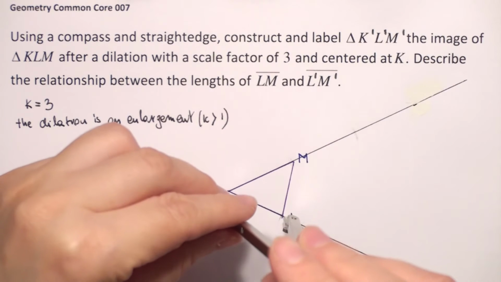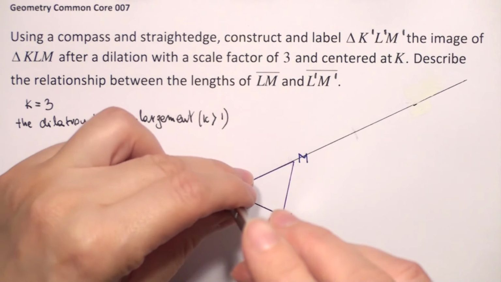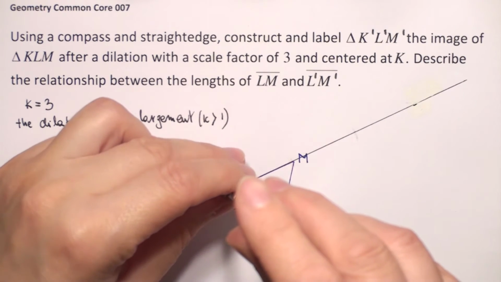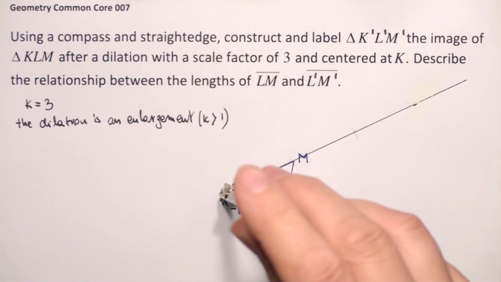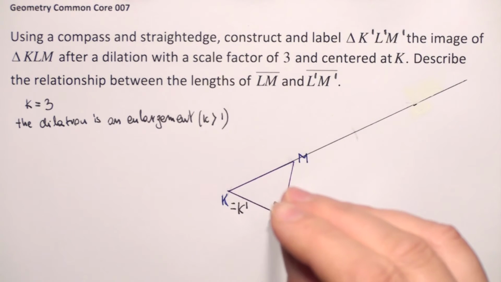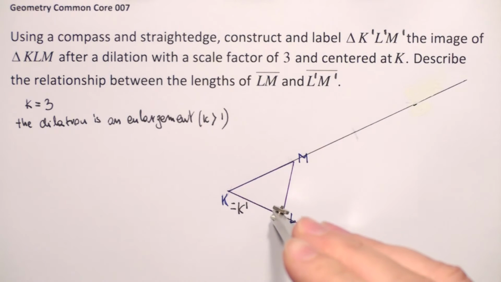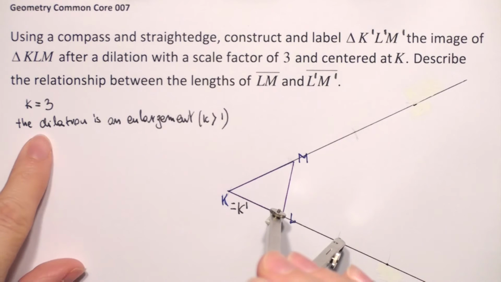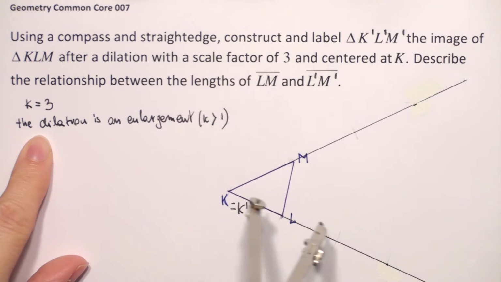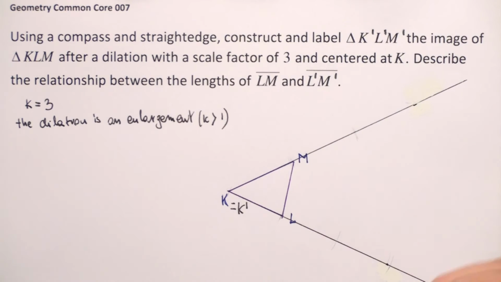We put the compass on vertex L, measure to point K, and now we make an arc on the other side of L. Because the scale is 3, we have to have 3 segments KL: 2, and next will be 3. This is our point L prime. L prime will be here.